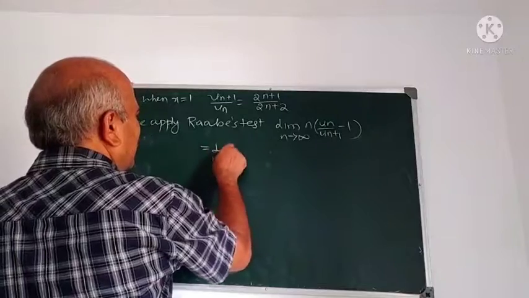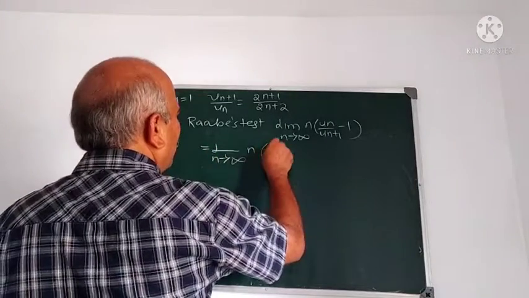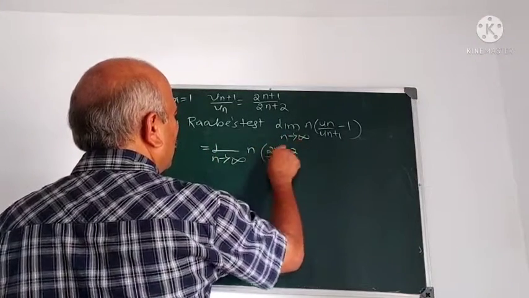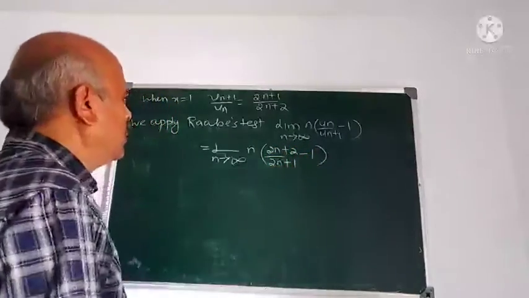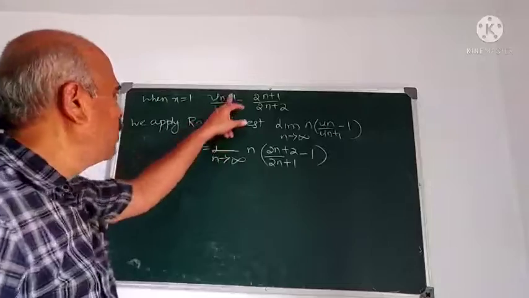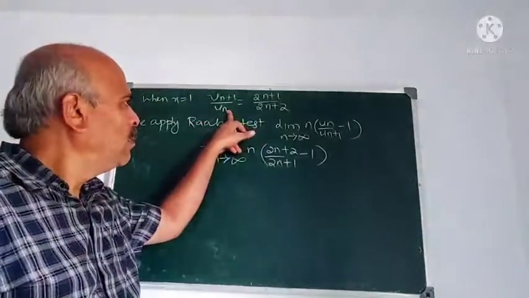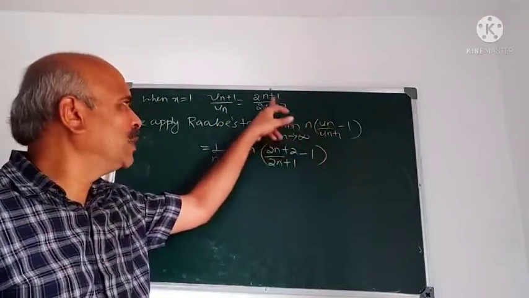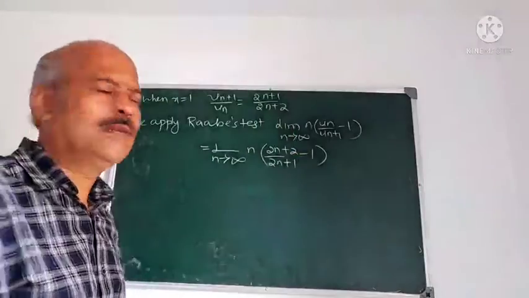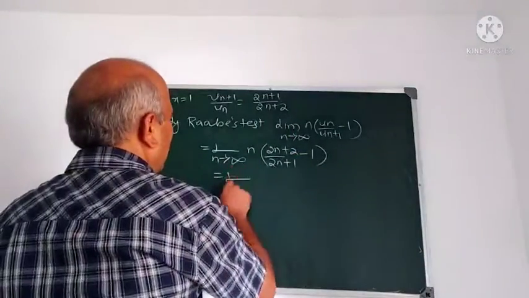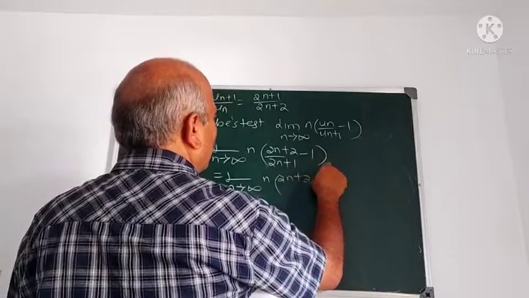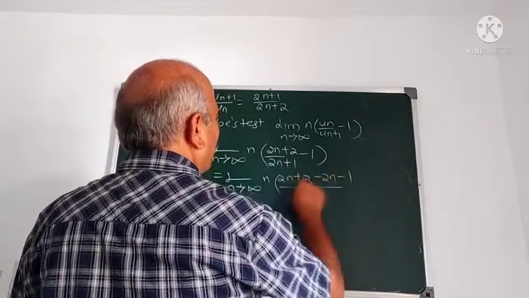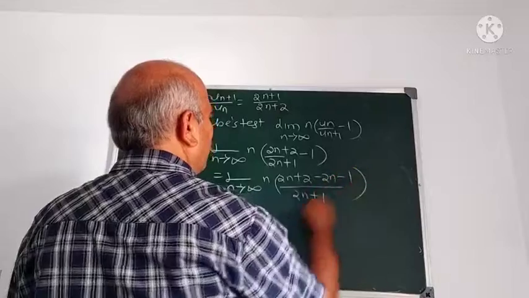It is limit n into 2n plus 2 upon 2n plus 1 minus 1, which is n into 2n plus 2 minus 2n minus 1 upon 2n plus 1.